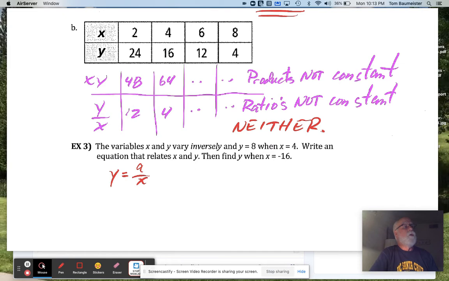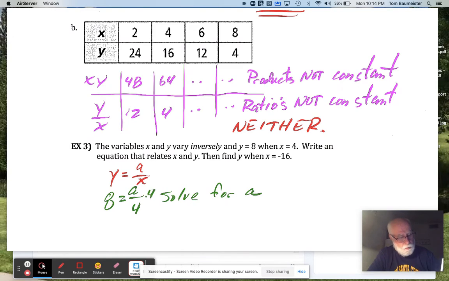So we know that it varies inversely when y is equal to 8 and x is equal to 4. So on that one there, we're going to solve for a, because again, that's our constant of variation. So let's see here. I'm going to multiply both sides by 4.